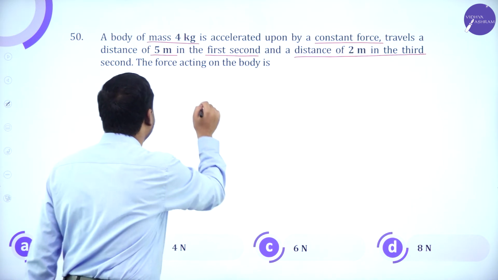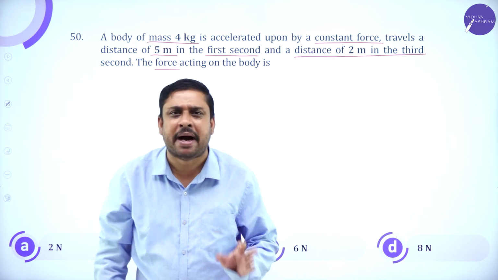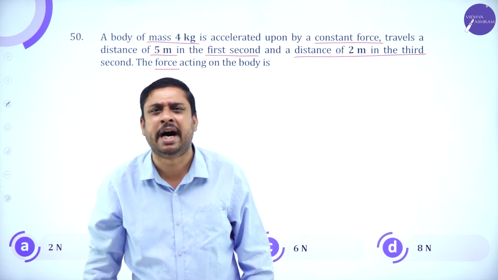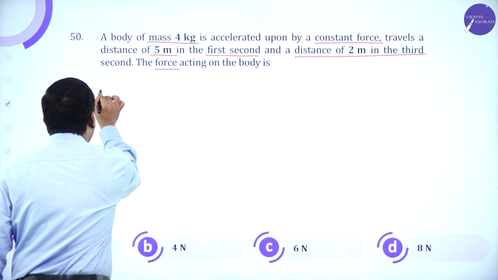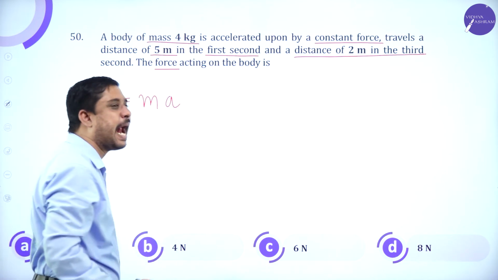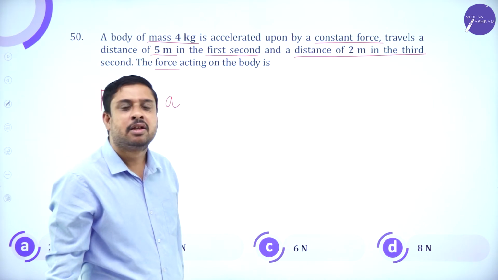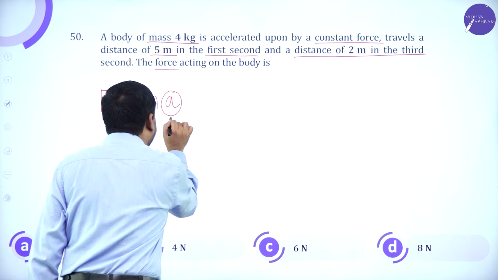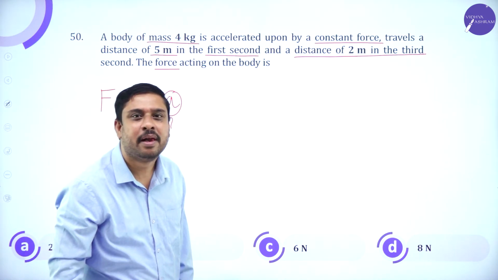Then the force acting on the body? My dear students, the moment the word mass is defined, force has to be the product of mass and acceleration. Which means the whole show here is to calculate the acceleration of the body.